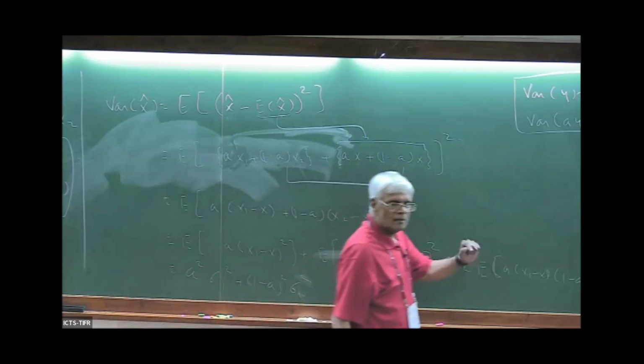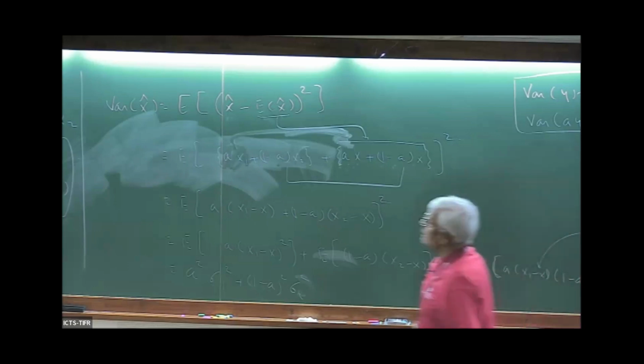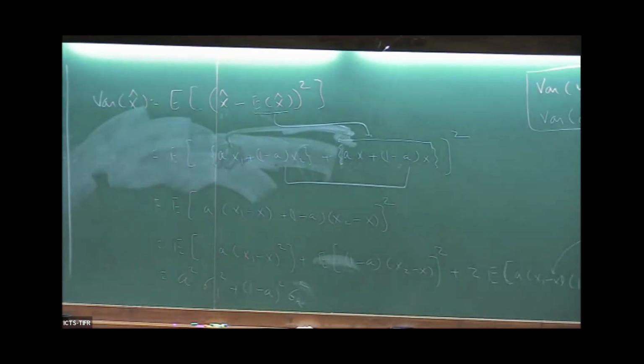Here comes the problem. It's not a problem, it's a challenge. So this is the product of these two random variables. The expectation of the product of two differences. That's related to covariance, right? Everybody? So I'm going to assume my x1 and x2 are independent. So I'm given two pieces of information that are mutually independent.